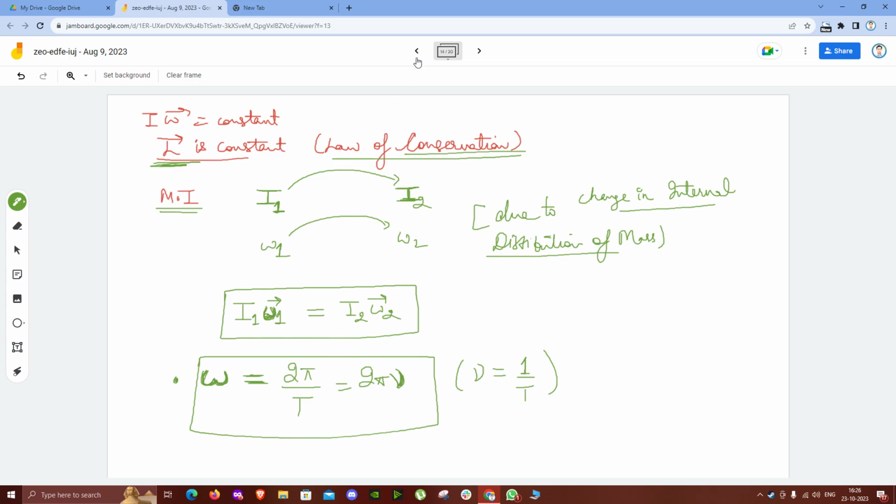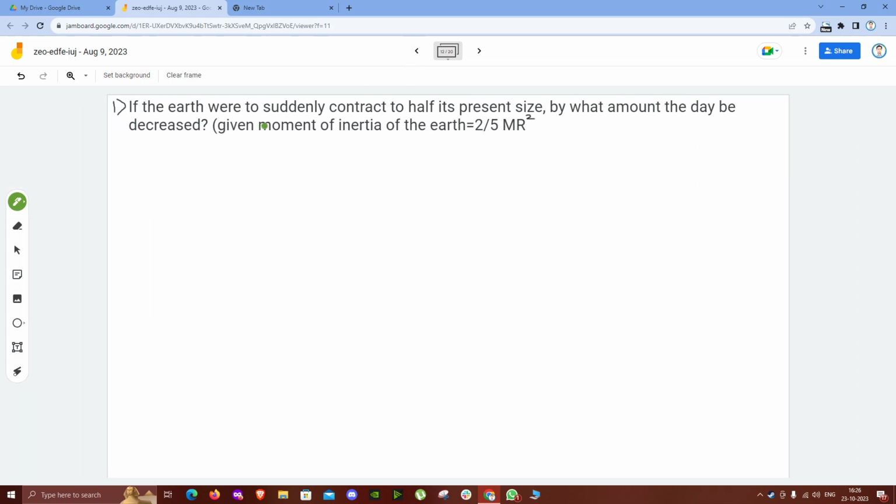So let's try a question based on this. There you go. The question is, let's say the Earth has the size that it has presently. What happens if we contract the size of the Earth to half of its size? Let's say somehow Earth contracts, its gravity increases a lot, and it contracts in itself, just like a black hole.